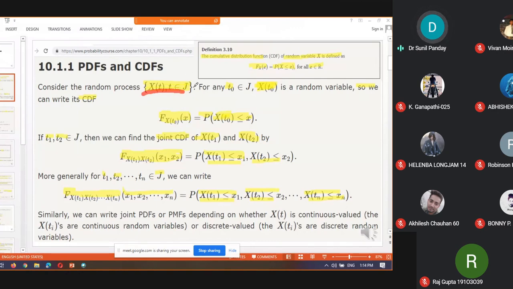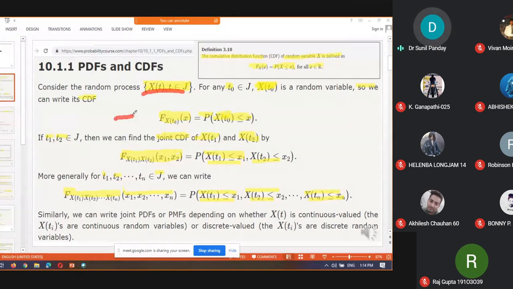It may be discrete or continuous. J may be an interval like (0, 1) or (a, b), or it may be discrete numbers like the set of natural numbers 1, 2, 3, 4, ..., n, or the set of integers like minus infinity, ..., minus 3, minus 2, minus 1, 0, 1, 2, up to infinity.